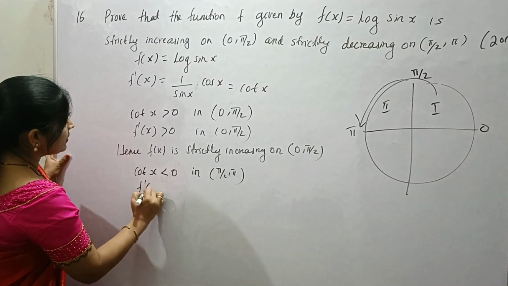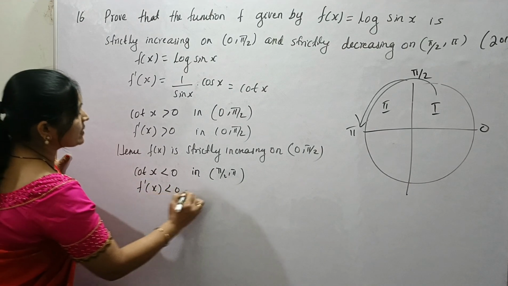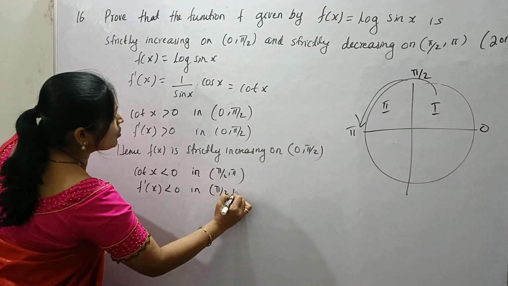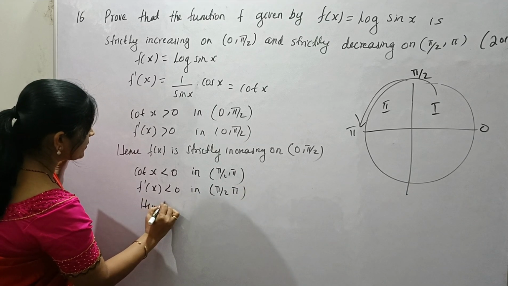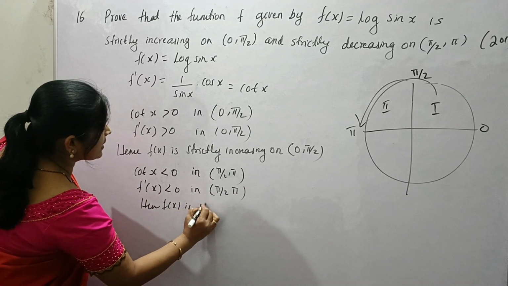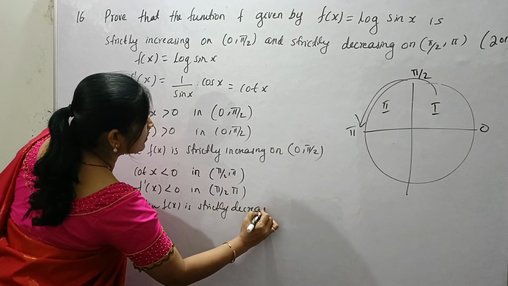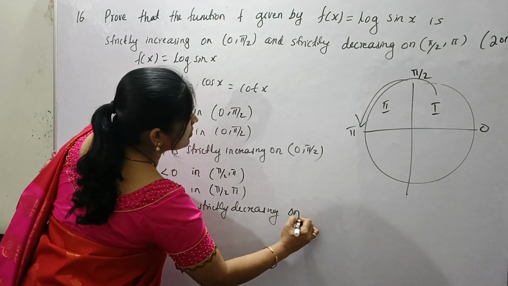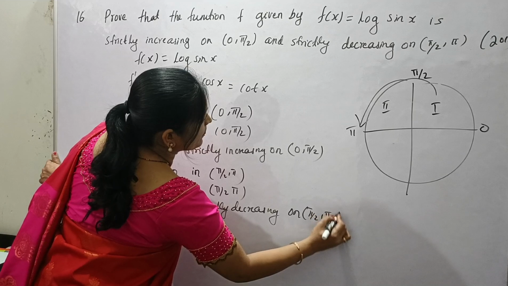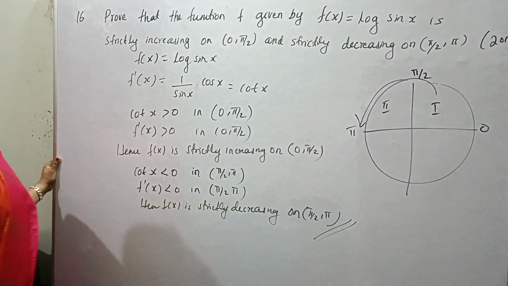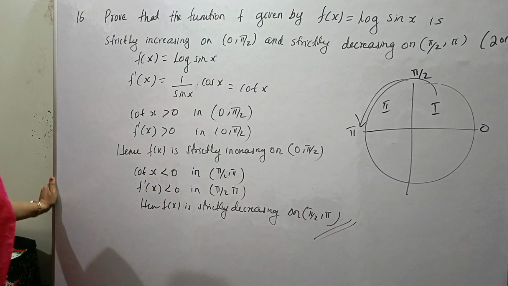Then f dash of x is less than 0 in pi by 2 to pi. Hence, f of x is strictly decreasing on pi by 2 to pi.